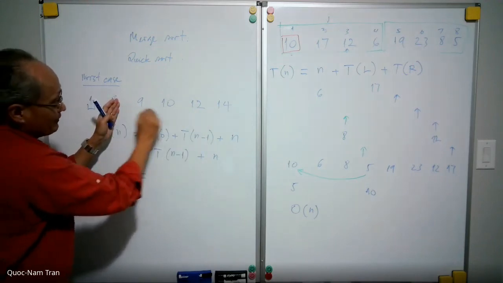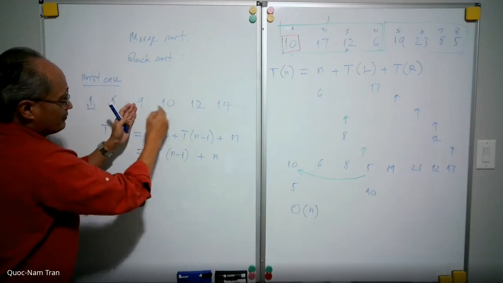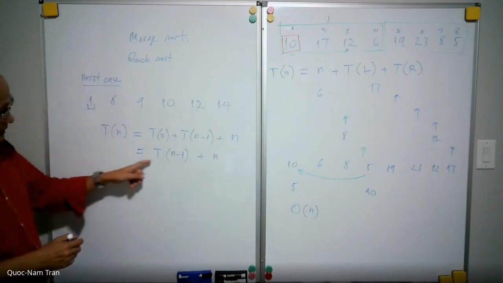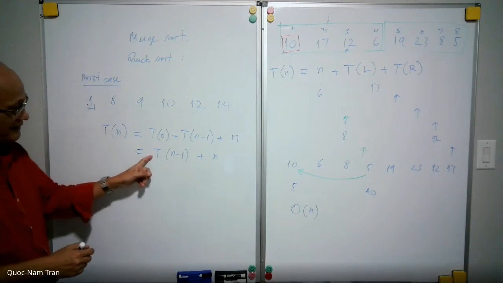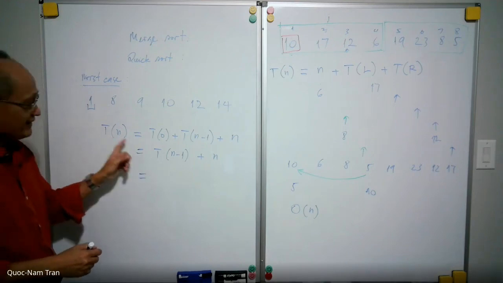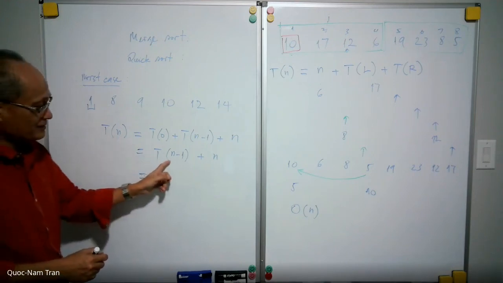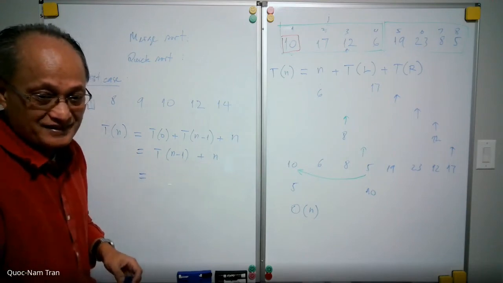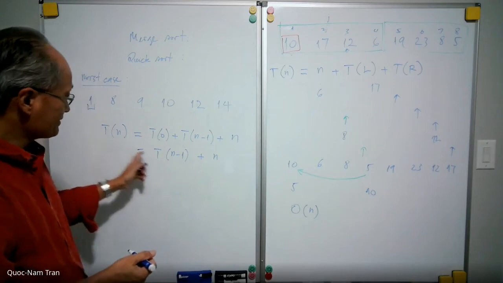You have n minus 2, and then n minus 3. So can someone solve this one for me? Tn is Tn minus 1 plus n. What is Tn after we solve this recurrence?